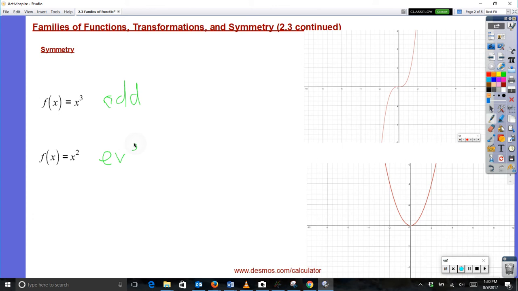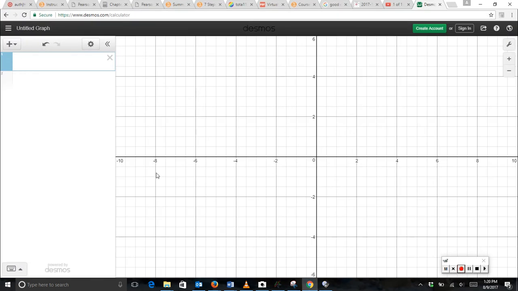Now, it's no surprise here that x cubed is an odd exponent and x squared is an even exponent. We're going to look at Desmos real quick again. And if you look, I can graph any combination of odds.